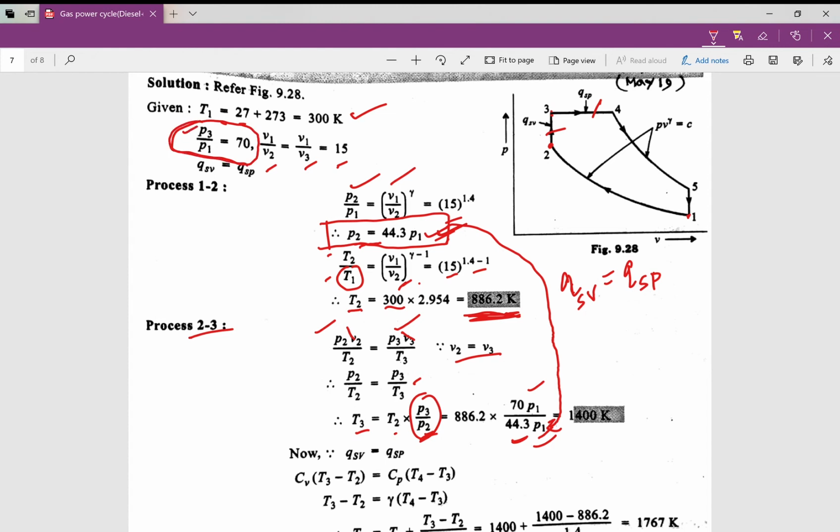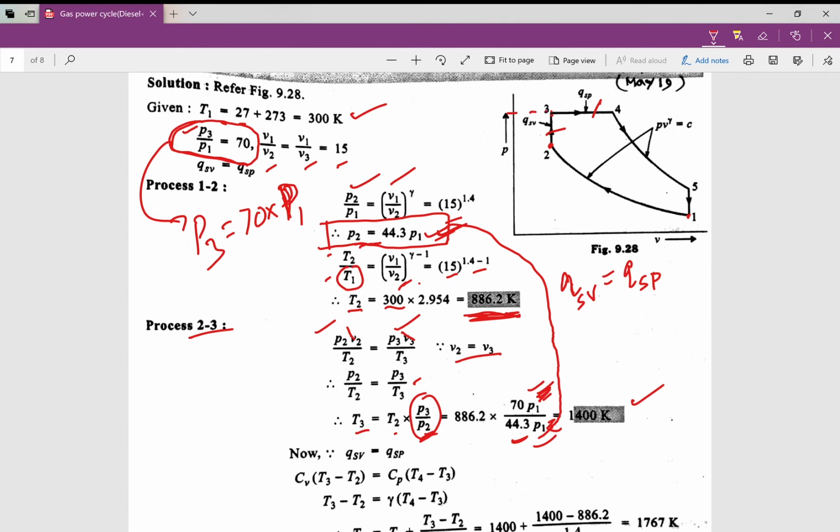So P3 is equal to 70 times P1. In this way we got the temperature at point 3, the T3 temperature.